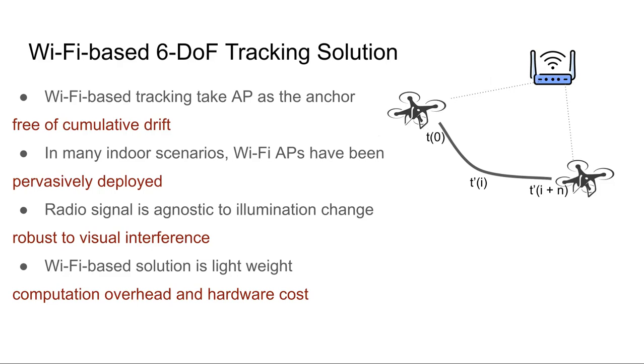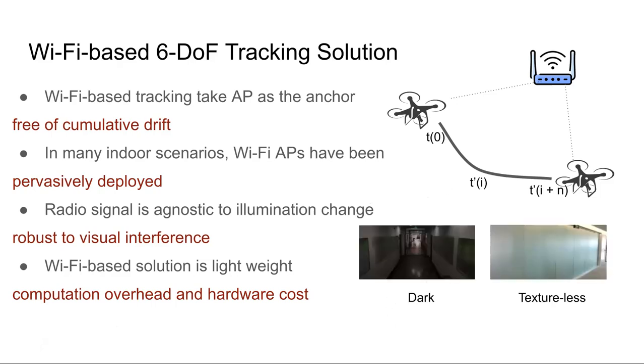And in addition, for Wi-Fi based solutions, in many indoor scenarios, Wi-Fi access points have been pervasively deployed. So nowadays, we can safely assume that we have lots of Wi-Fi access points. And third, radio signal is agnostic to illumination change, which is robust to visual interference.